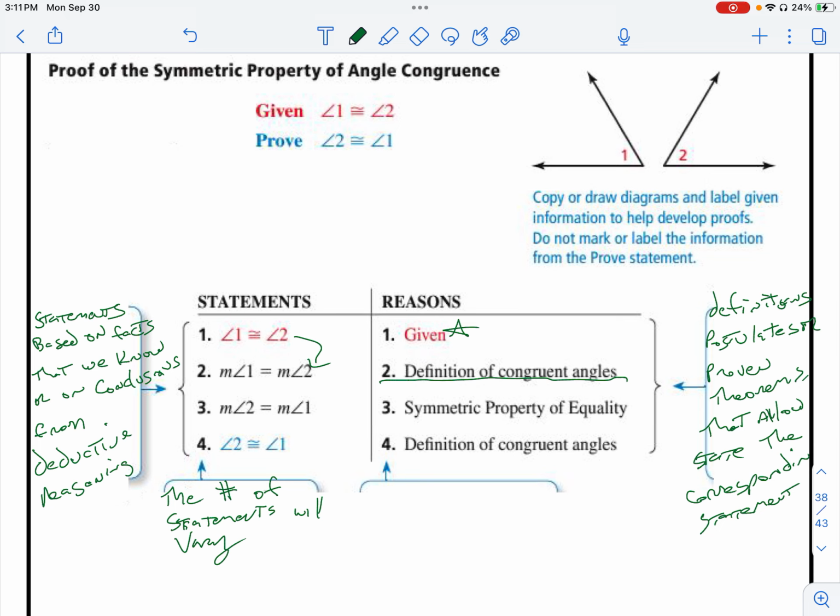So they have to fit together. And remember to give a reason for the last statement. Do those things and your proofs will come out just fine. Thanks, and we are done.